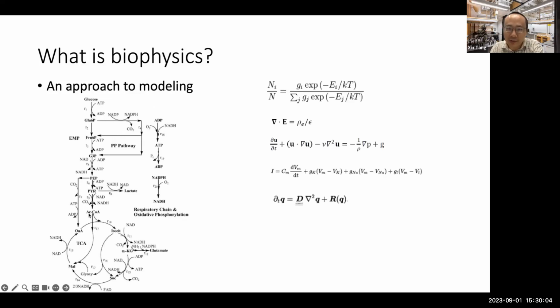We can use different physical theories, chemical kinetics theories, and also electronic theories to describe different parameters in the cell during different processes, and then quantitatively lay down the governing equations, and then use those equations to derive a unified framework to describe cellular processes in the cell.